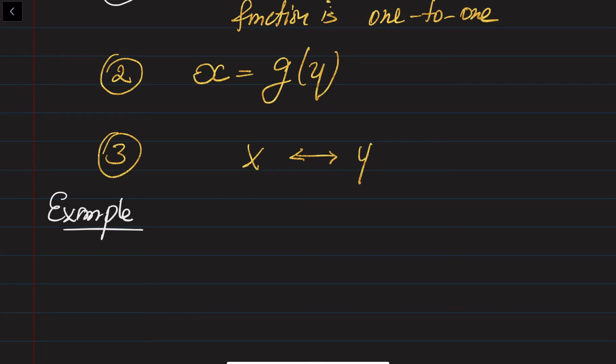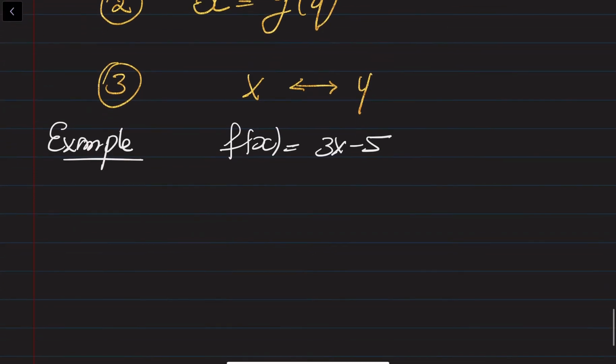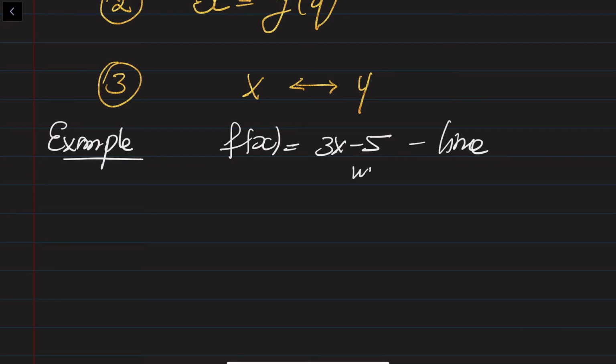Let's say we're given the function f of x, which is 3x minus 5. In order to find its inverse, first of all, I need to identify whether this is one-to-one. This is one-to-one because this is a line with slope 3, which is always going to be a one-to-one function.